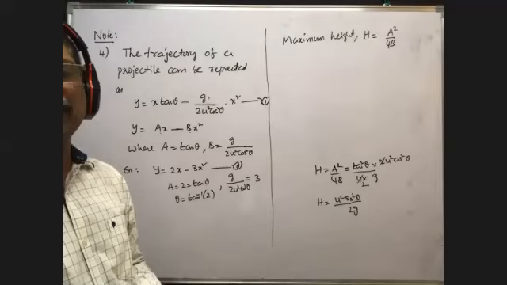When an oblique projectile lies at any point, what about the radius of curvature? That is the question. It is a very important concept.